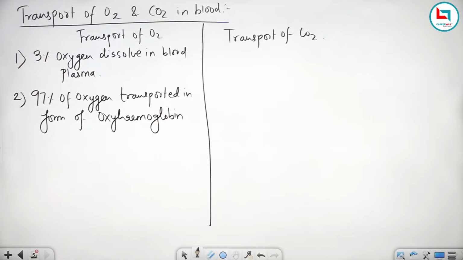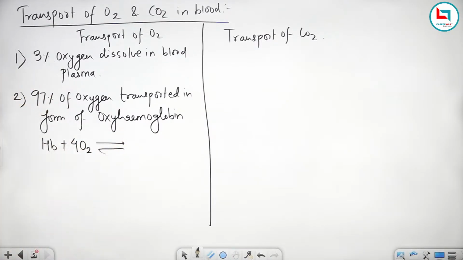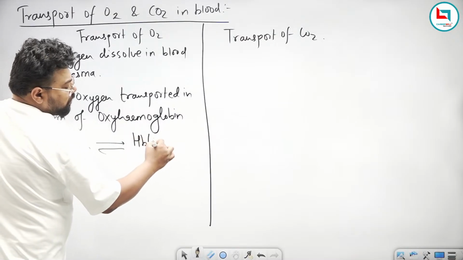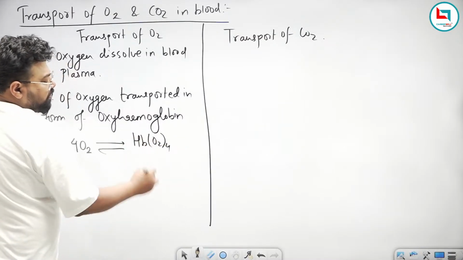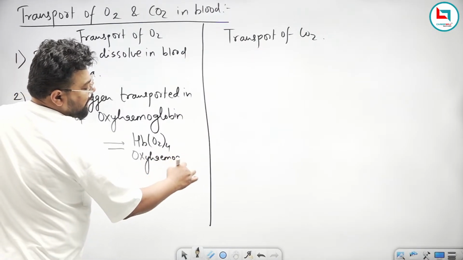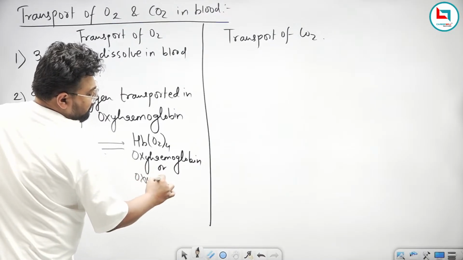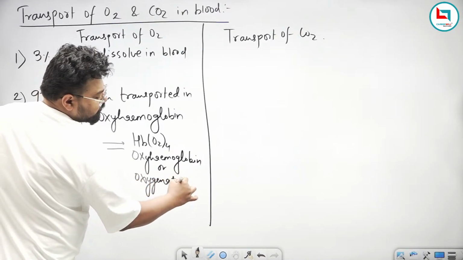One hemoglobin molecule will react with 4 oxygen molecules to form a compound known as oxyhemoglobin. In normal language we call it pure blood or oxygenated blood.